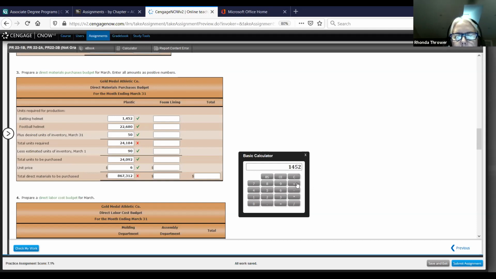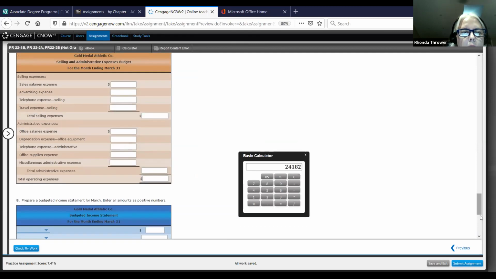1452 plus 22,680 plus 50 is 24,182. Evidently I just copied it over there wrong. I'm going to check my work just to make sure that I added it right this time.